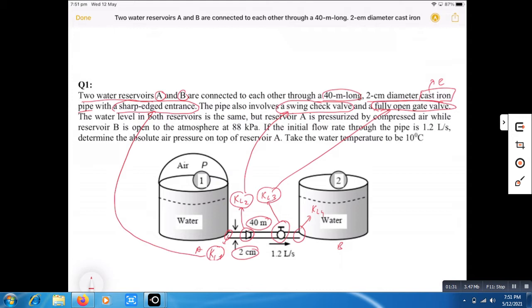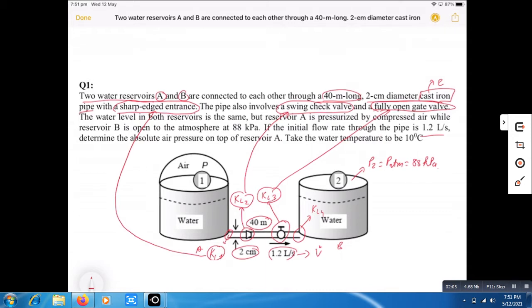The water level in both reservoirs is the same, but reservoir A is pressurized by compressed air, while reservoir B is open to the atmosphere with pressure P2 equal to atmospheric pressure, 88 kPa. If the initial volume flow rate through the pipe is 1.2 liters per second, find the absolute air pressure on the top of reservoir A, P1.